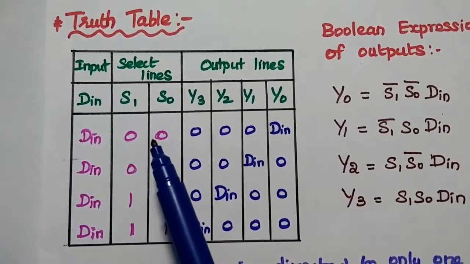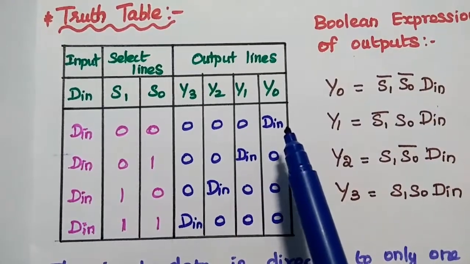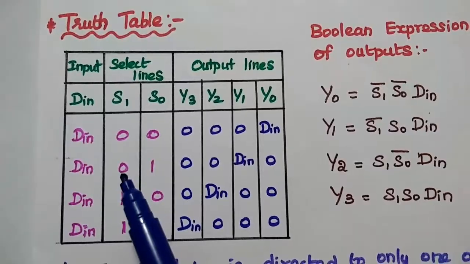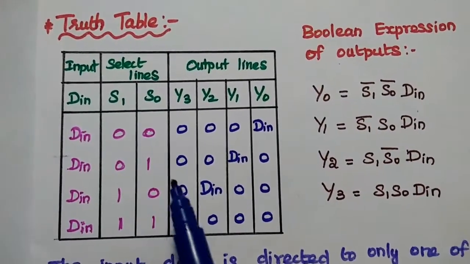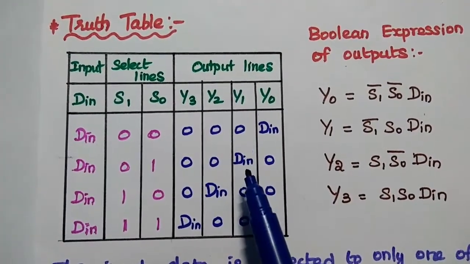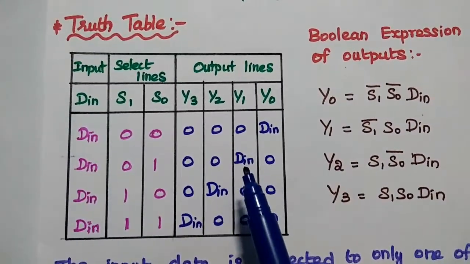For the combination 0, 0, the DEMUX will select the Y0 output line. If the selection lines are 0, 1, the DEMUX selects Y1 as the output line. In that line alone, we transmit the input data.